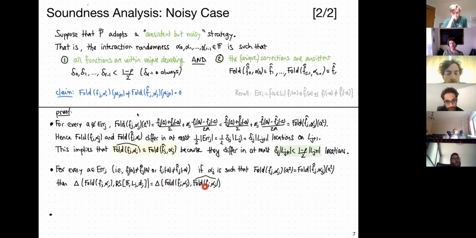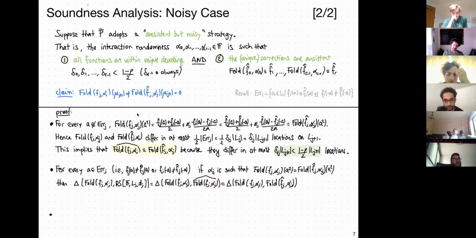its correction. Why? Because definitionally, we are in the unique decoding radius, so the distance from the code is the distance from the closest codeword, which is that. And we know that folding and correcting commute. So instead of fold and correct, we can correct and fold.